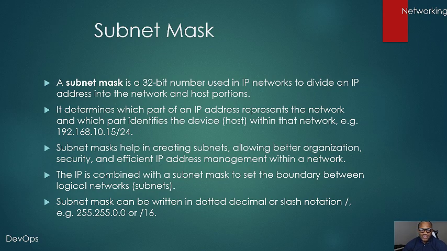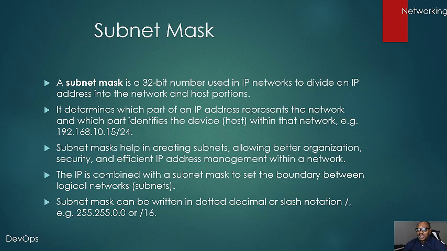So to set the boundary between logical networks, the IP address is combined with a subnet mask. A subnet mask is a 32-bit number used in IP networks to divide an IP address into the network and host portion. I will talk more about network and host portion very soon.